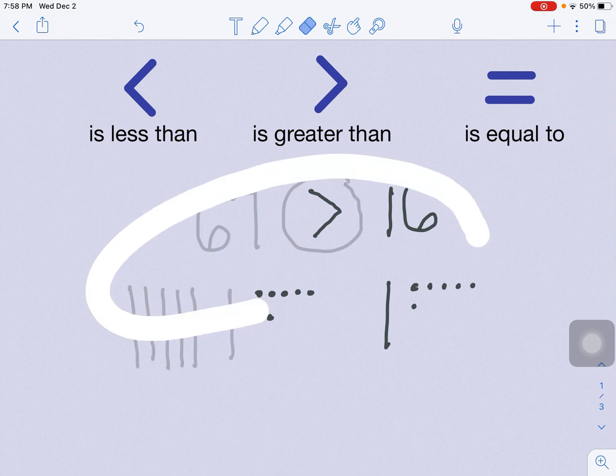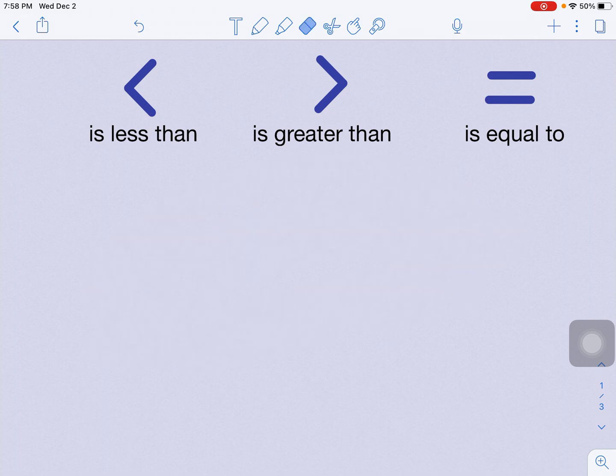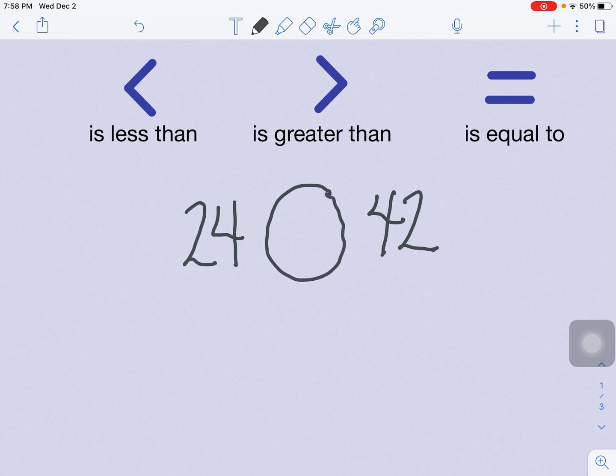All right, let's try another one. Okay, so how about the numbers 24 and 42? Don't get tricked on this one. Again, you might want to draw out that picture: 10, 20, 1, 2, 3, 4, or 10, 20, 30, 40, 1, 2.